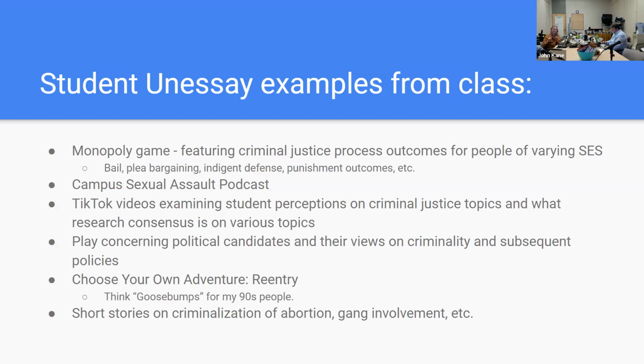The community chest cards and the different squares on the playing board would relate to issues that we talk about in criminal justice as it relates to bail or plea bargaining, the burden of indigent defense and the kind of funding that goes into that versus a prosecutor's office, the different punishment outcomes, the way that fees and fines are used in the criminal justice system as punishments or ways to fund different parts of the system, and how that might impact a person's experience in the criminal justice system when they don't have money to rely on.